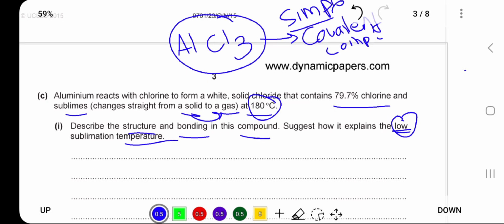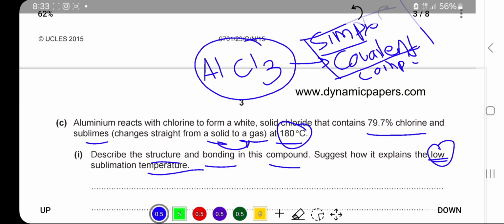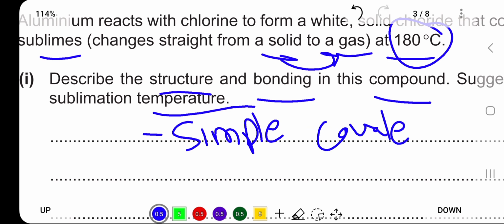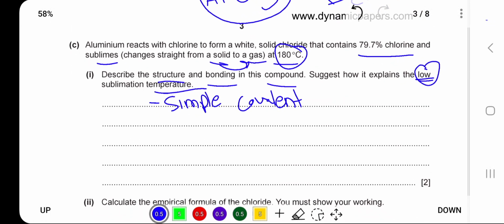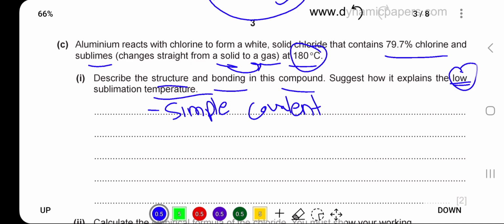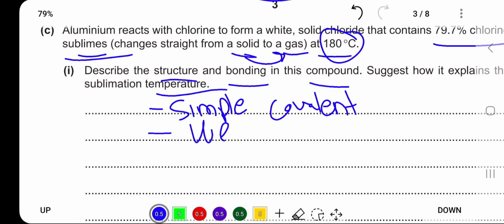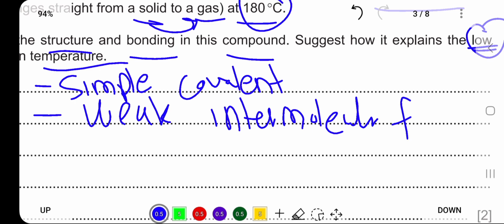Alright, and now this is a point: it is a simple covalent or simple molecular compound. And regarding the bonding, why it has a low temperature for this sublimation to happen, I'm sure you have come across this, it has weak intermolecular forces.